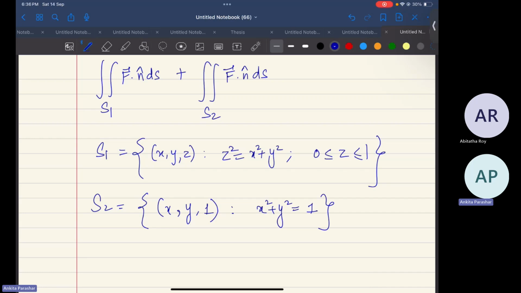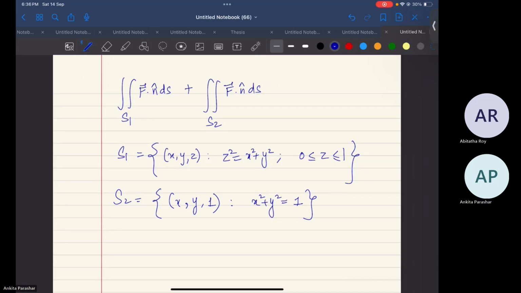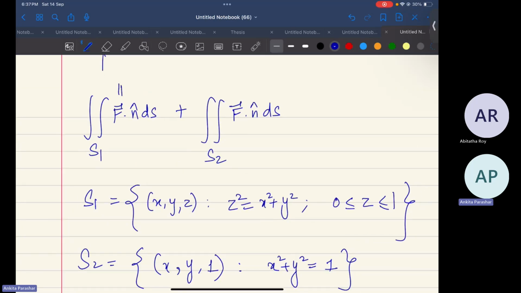Is that okay? For the first one, what do you do? Let's write the formula. You have this F dot n dS.